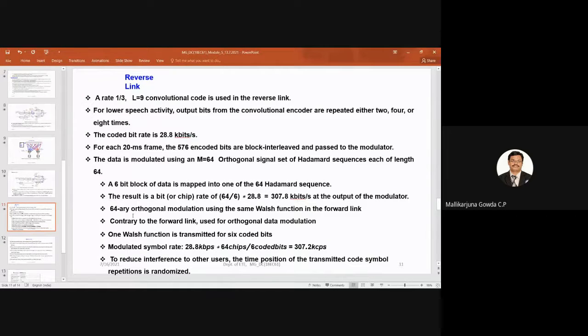Then the 64-ary orthogonal modulation uses the same Walsh functions as in the forward link. So here the orthogonal data modulation is done. One Walsh function is transmitted for 6 coded bits. So the modulated symbol rate will be 28.8 times 64 chips per 6 coded bits. With that, we get 307.8 kilo chips per second.